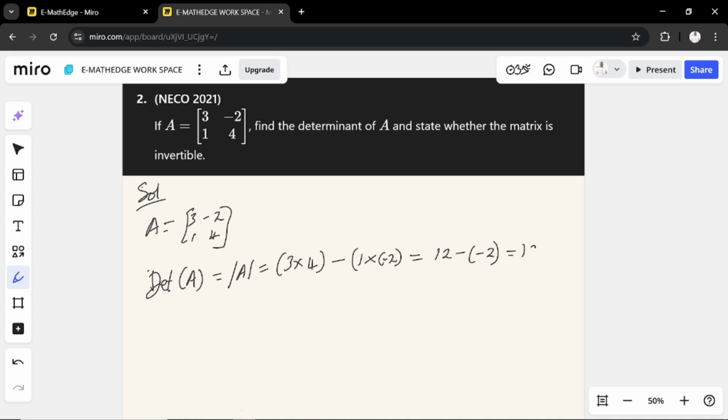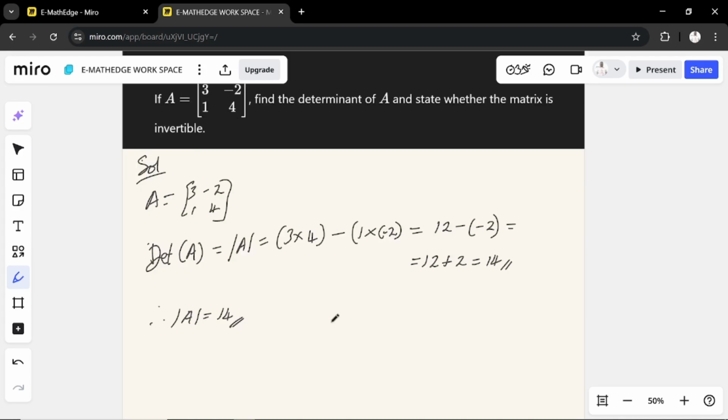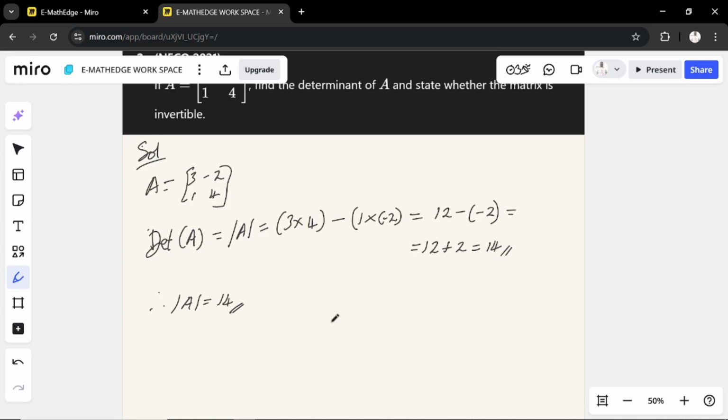So we have 12 minus negative 2. Now, this is a negative sign, and this is a negative sign, and we know negative multiplying negative gives a positive. So it's going to be 12 plus 2, which is equal to 14. So this is the determinant of this matrix A. Now we've succeeded in obtaining the determinant, which is 14.